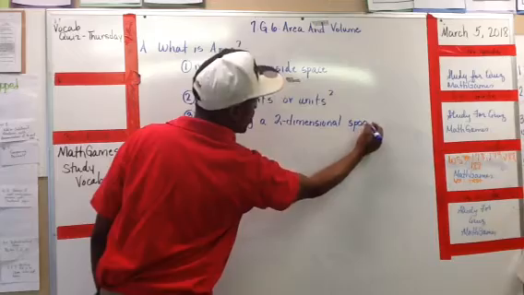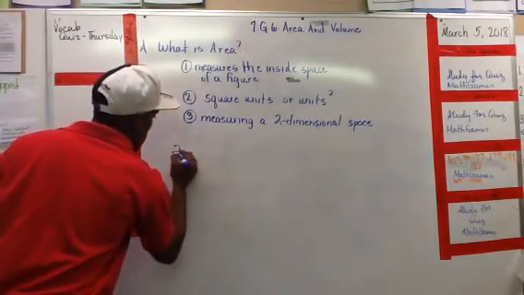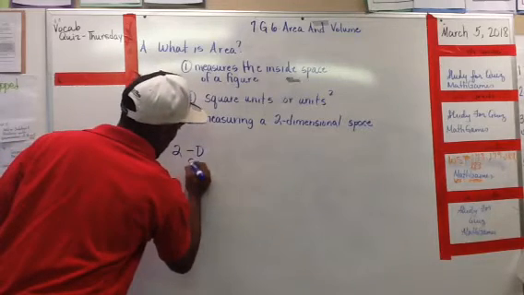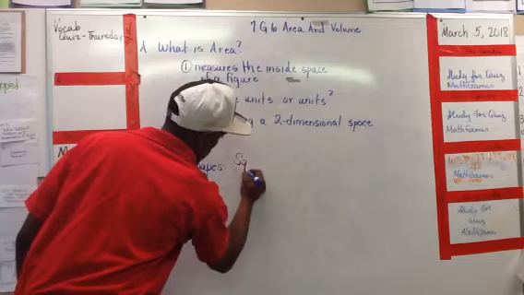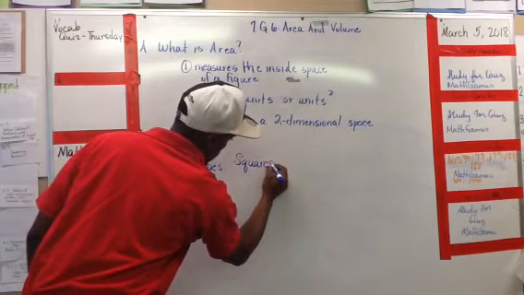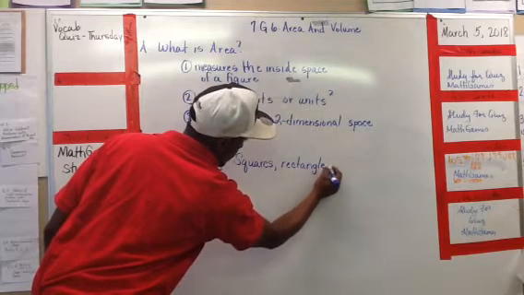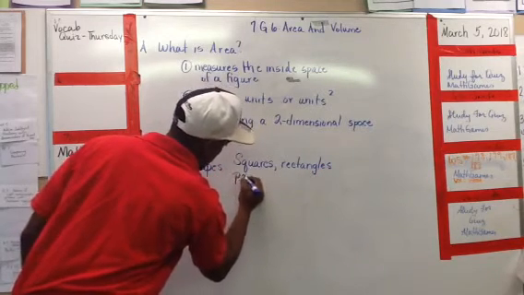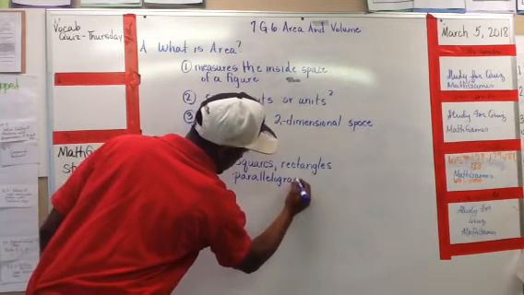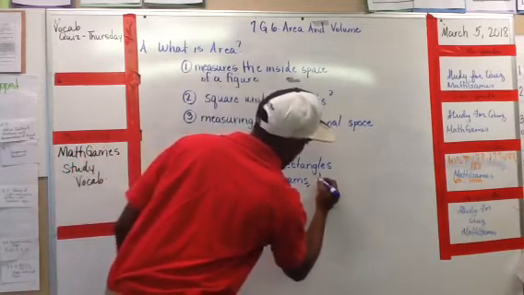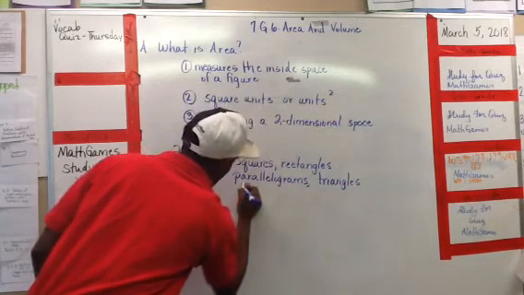Okay? When you think about two-dimensional, think about squares, rectangles, parallelograms, triangles, trapezoids.